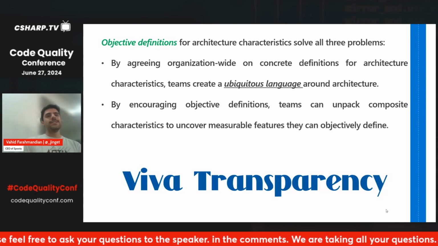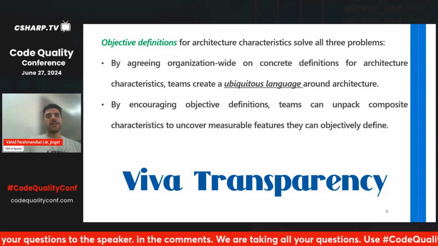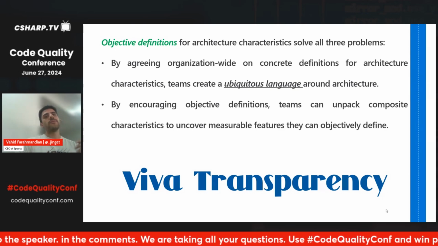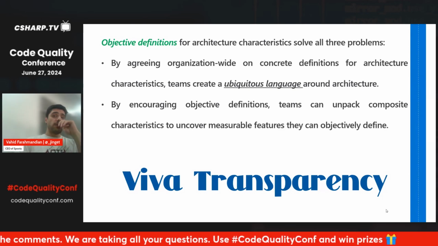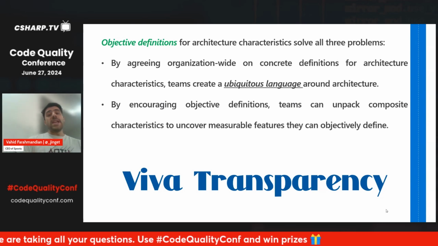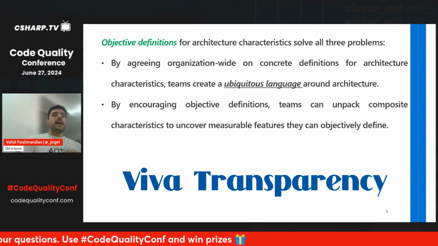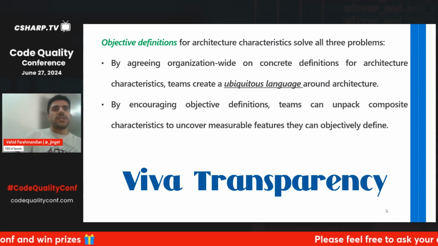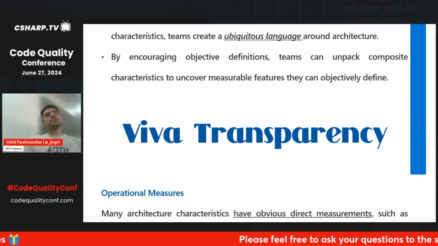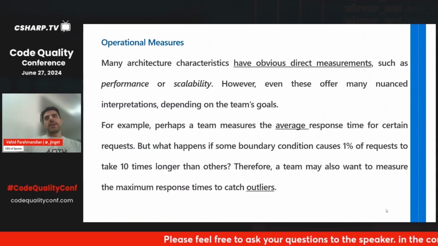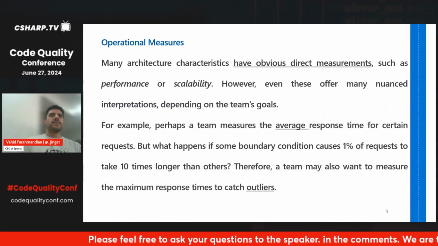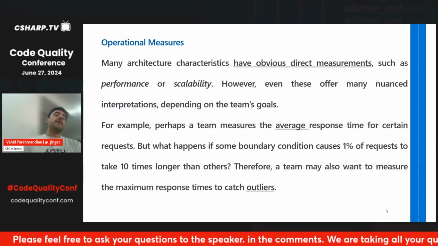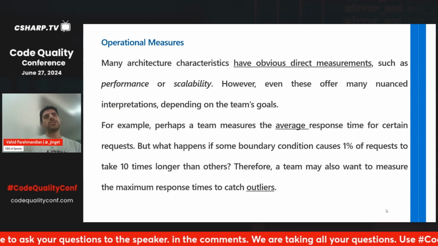That's why we say "viva transparency", because without transparency, of course, our software architecture might be very weak, and it might not help our overall software design as expected. In order to measure the software architecture characteristics, we have different mechanisms. One of those methods is operational measures.